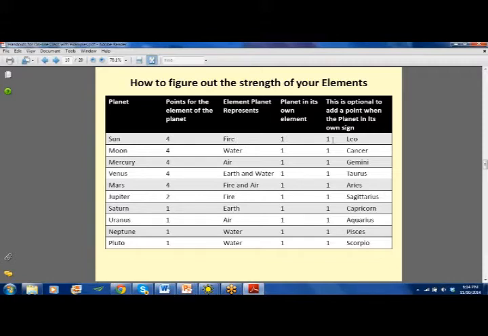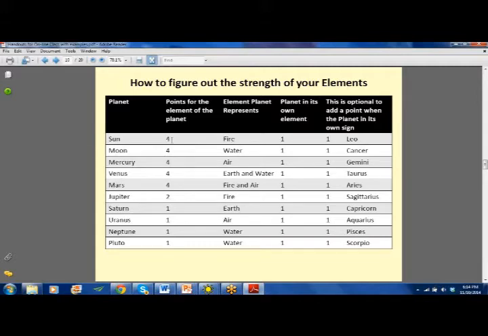If it happens to be in Leo, you'd add another point. So that gives it even greater strength because it's in the sign of its own energy, of its own element. You add a point for its element if it's in Aries or Sagittarius, and an extra point if it's in Leo. And the same thing with the moon. Regardless of what sign it's in, you give it 4 points.